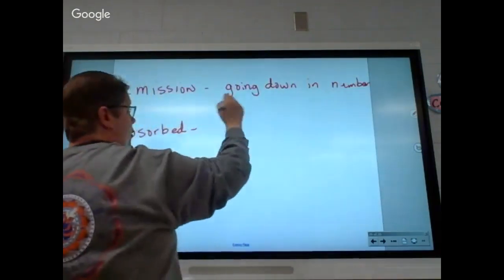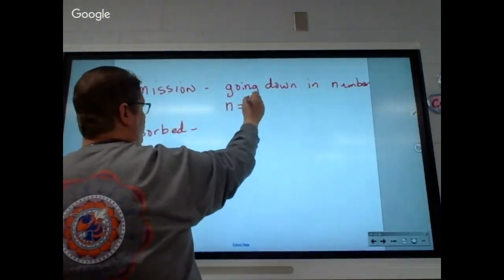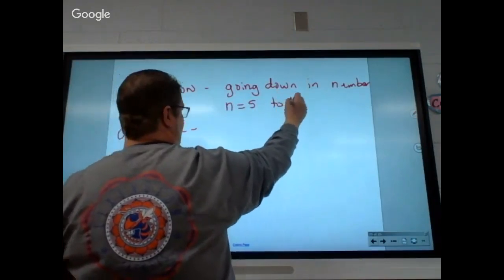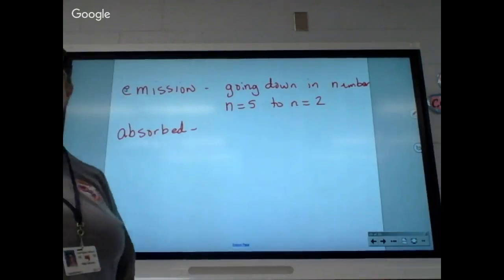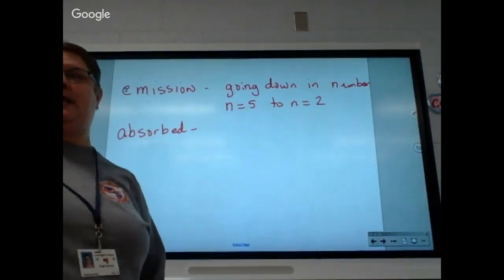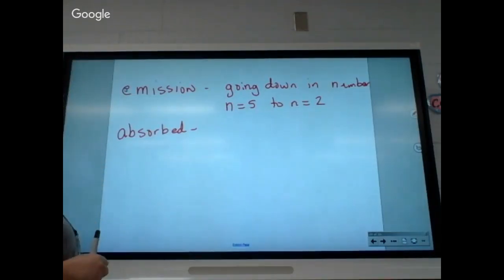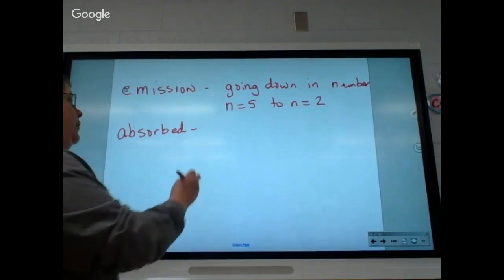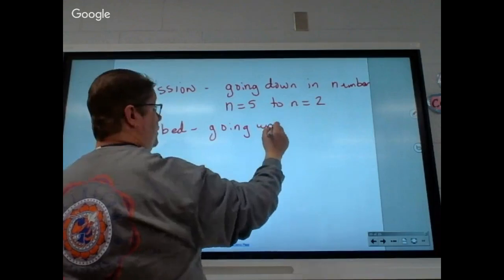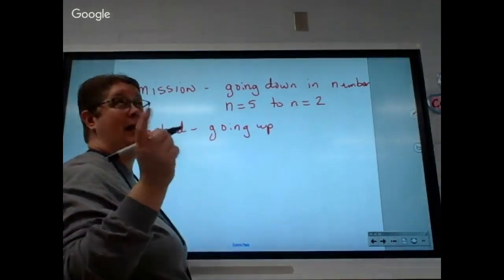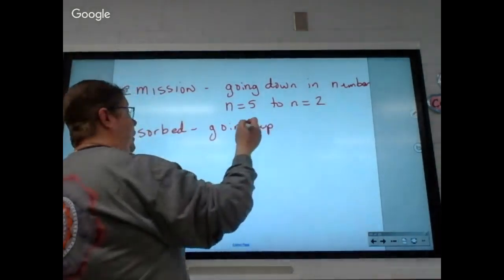So we might be going from n equals 5 to n equals 2, because you're going from the excited state down to the ground state. If we're absorbing energy, we would be going up in number. What does n stand for? We're going to talk about that Monday. It means the energy level.